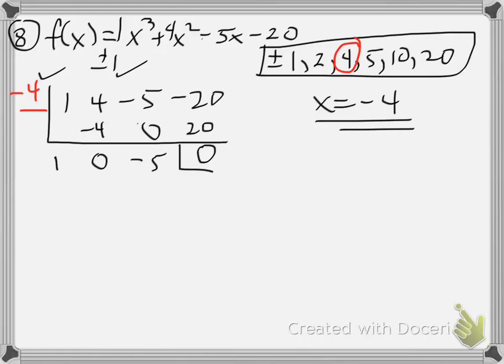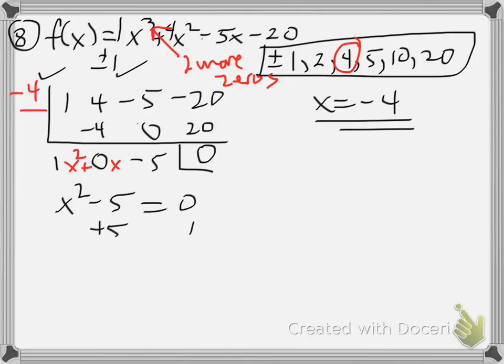Okay, we got to get a couple more there because we know that this is a power of 3. I need 2 more zeros. So this is 1x squared. This is x. That's a plus sign. So what we should write is x squared minus 5, and we're going to set that equal to 0.